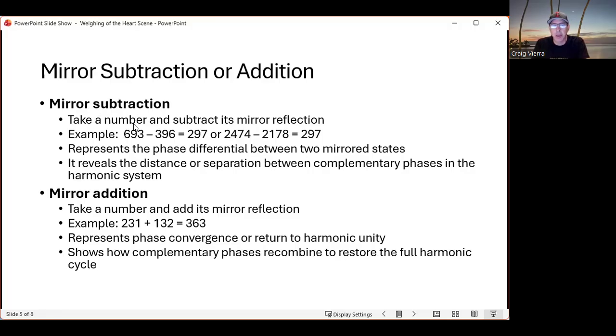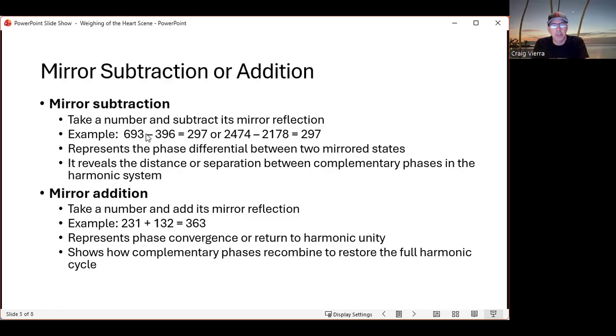This is where you take a number and you subtract it from its mirror reflection. So in this example, if we took 693 and subtracted it from its mirror, which would be 396, we would get 297. So this is known as a mirror pair.